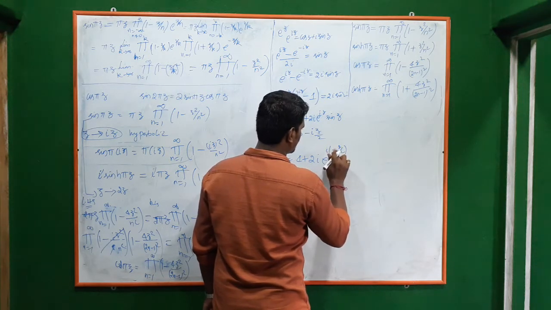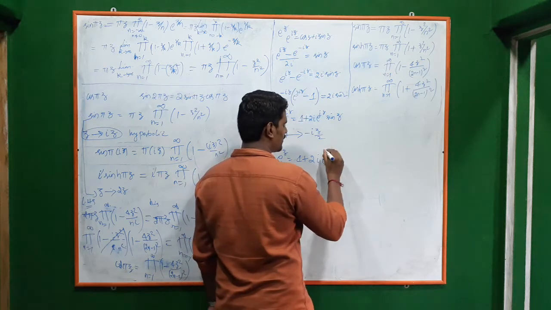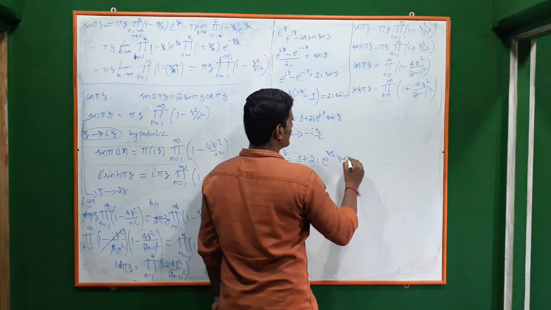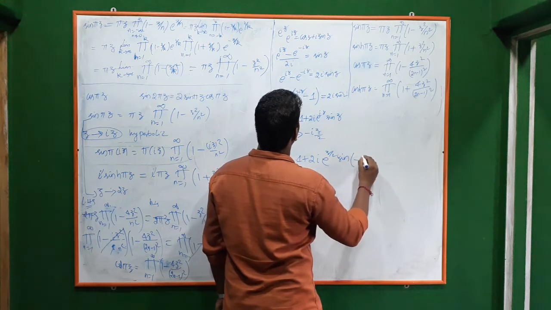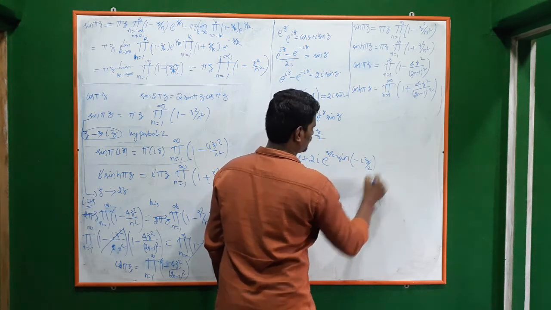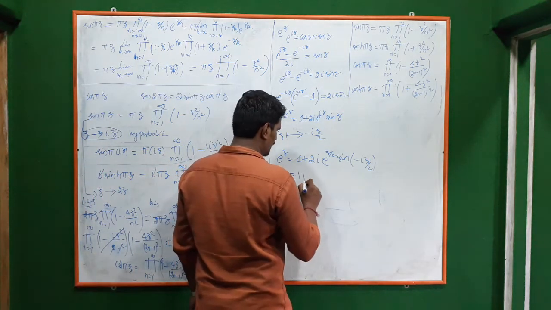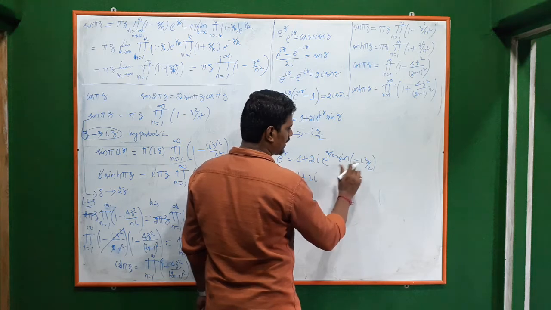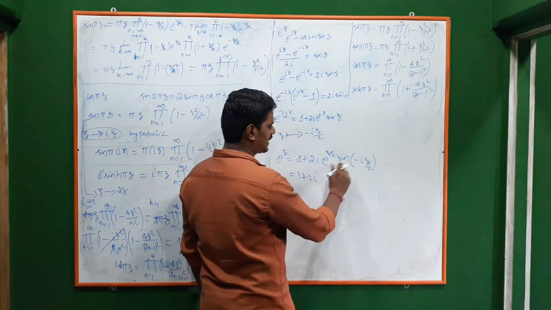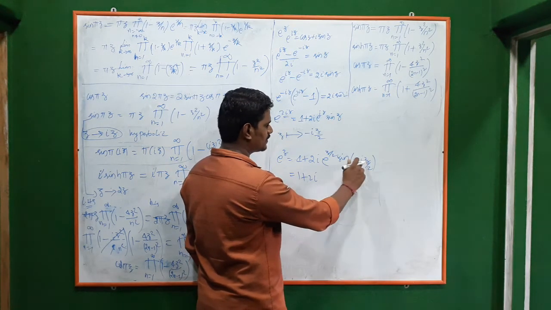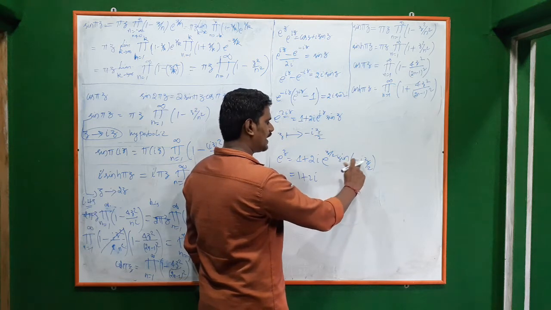So minus and that will be cancelled. So this will be e power z by 2 into sine minus i z by 2. Correct. So sine of minus i is minus sine i.